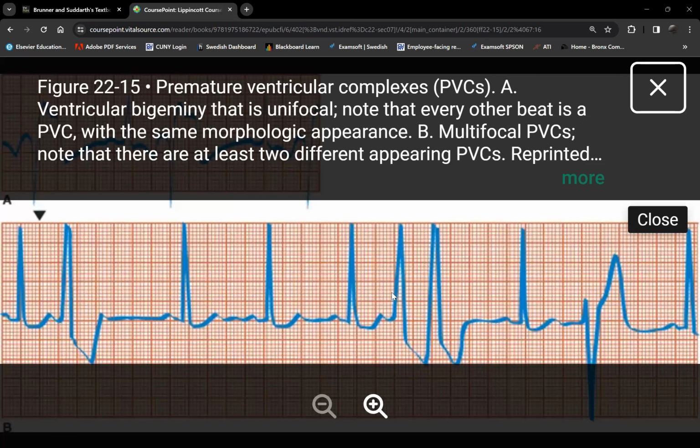Really depends on what is the source of that PVC. One more time, if they look the same, we call it unifocal because they look the same. So the same culprit, same bad guy, same bad part of the ventricle is firing or triggering the premature beat. This one is coming from a totally different source.